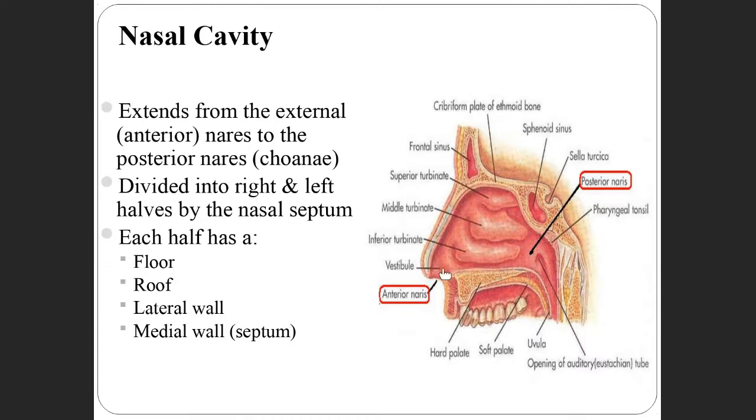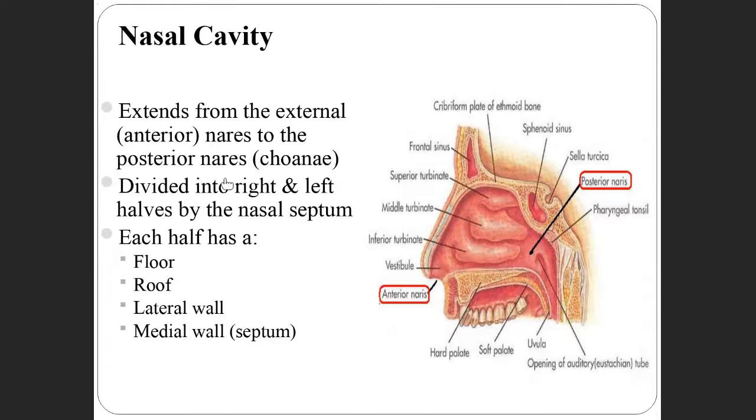All these communications mainly open in this area, so they are mainly concerned with the sinuses. When we come to the lab, we will study in detail. There you can see all these structures, the same as what you are seeing in the picture. Next, what is the nasal cavity?